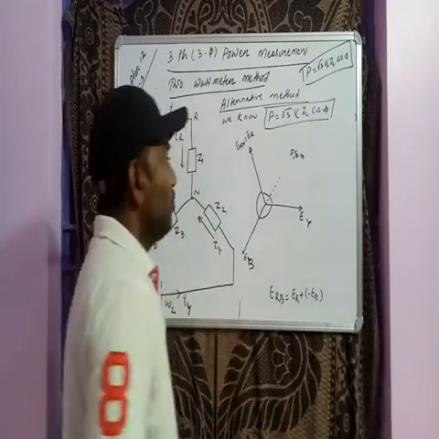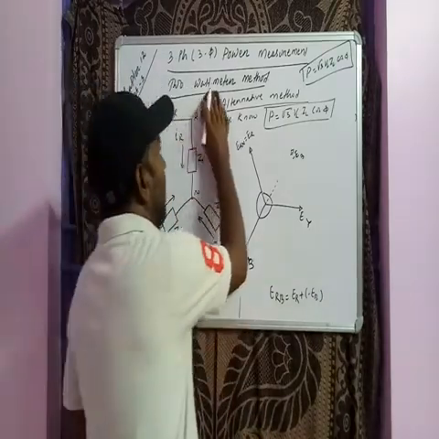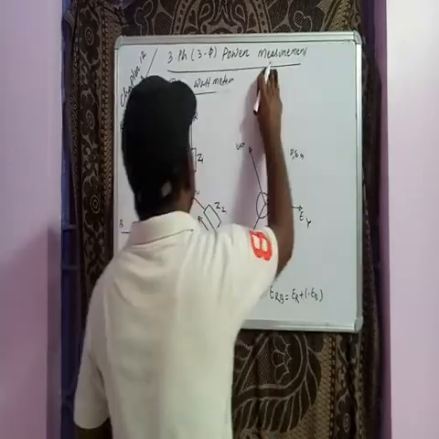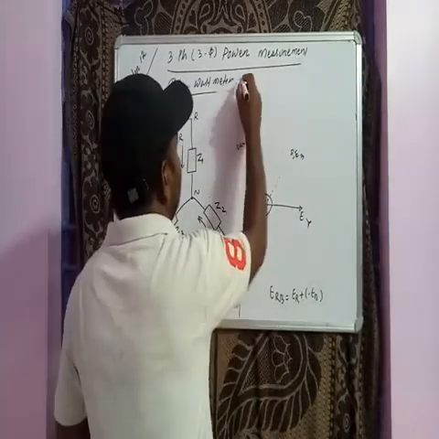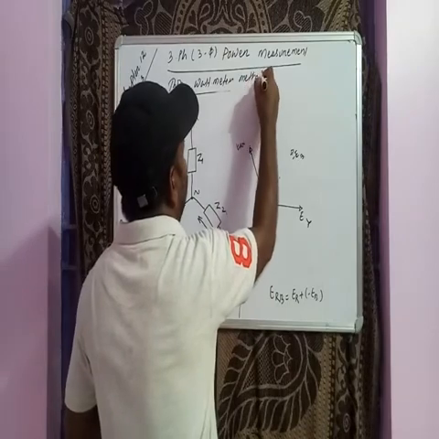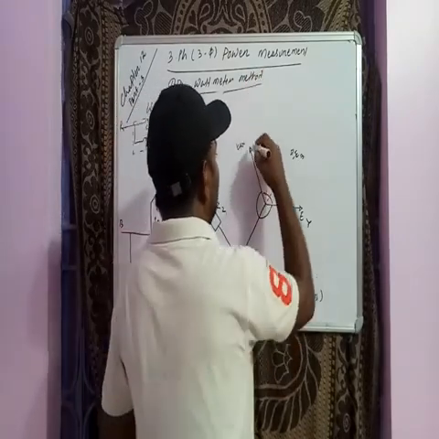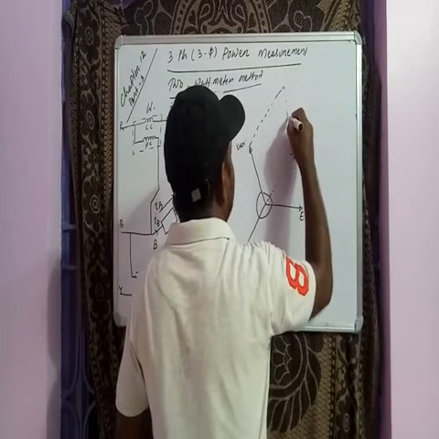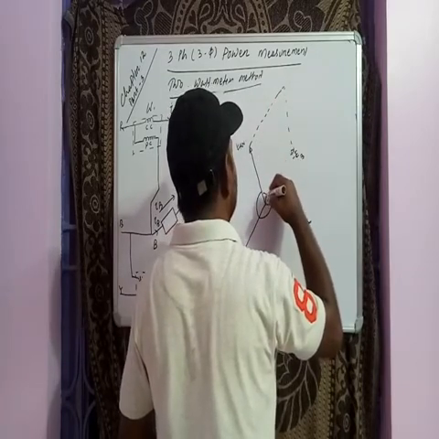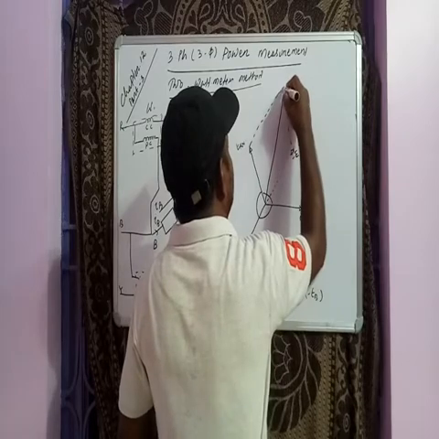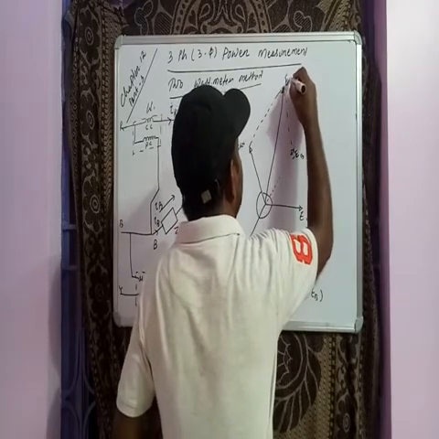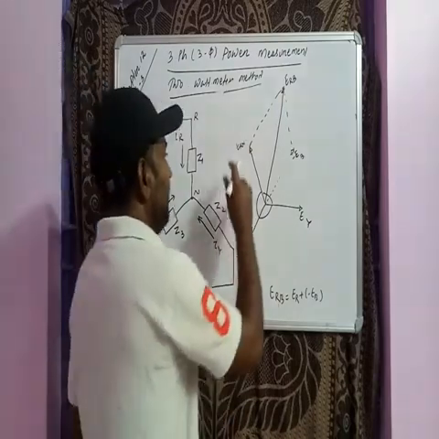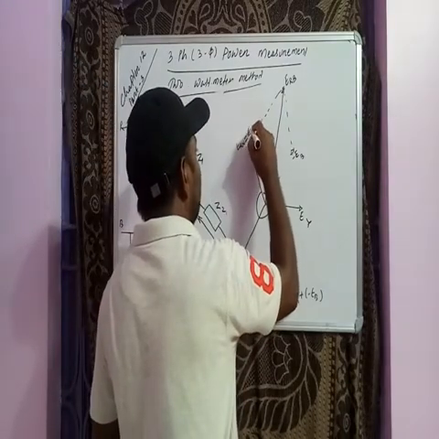Right, it is. So this is the minus EB. Now what to do? Draw one parallelogram. So draw a parallel line with this, and draw this. This is what? ERB. Right, it is. And this is ER.